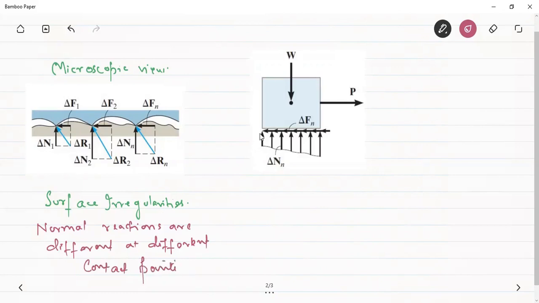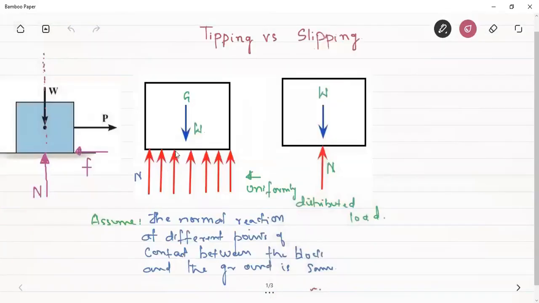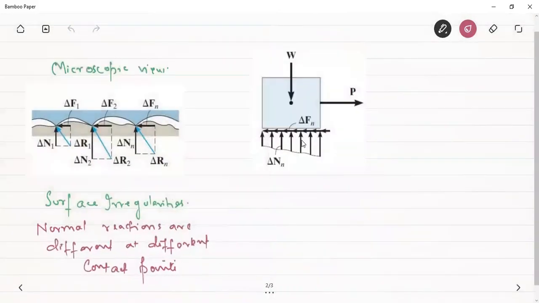Hence we won't get a uniformly distributed load as shown in the first slide. We won't get this kind of loading, but we will get this kind of loading, which is a varying load. It can be uniformly varying or non-uniformly varying, but it will definitely be a varying load where the magnitude of the normal reactions at different points of contact isn't the same. It will be different at different points.